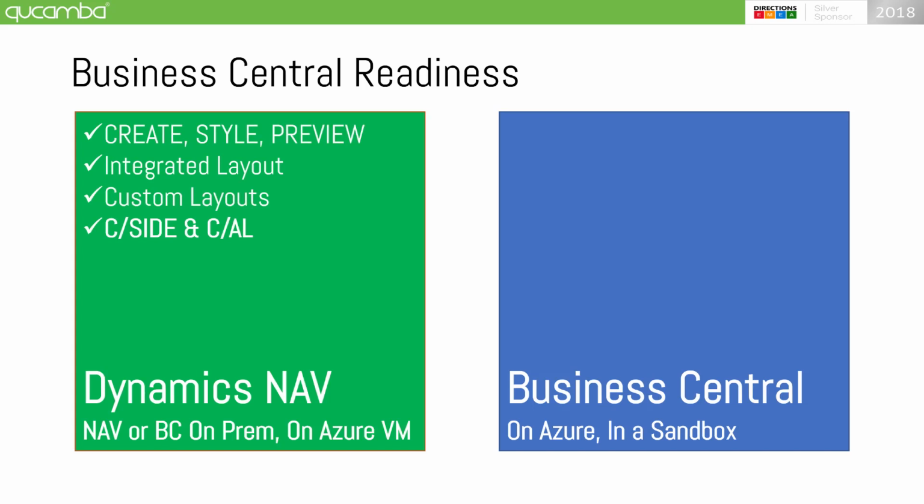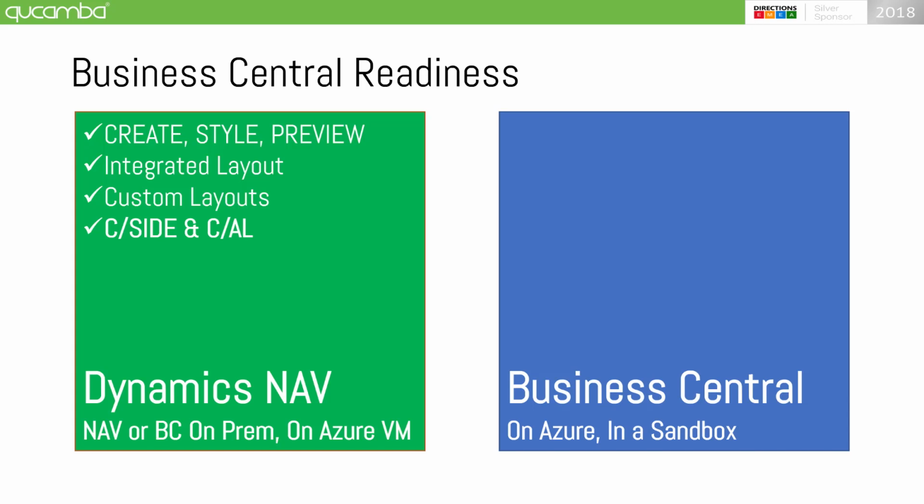Your design toolchain consists of Visual Studio, a report builder for layout design, as well as Seaside as your development environment. You can use on-premise installations of Dynamics NAV as well as Business Central, no matter if it's installed on a local server, on a virtual machine, or if it's hosted in an Azure virtual machine.